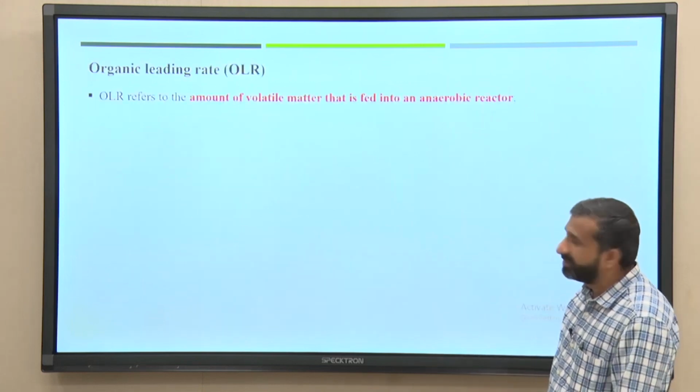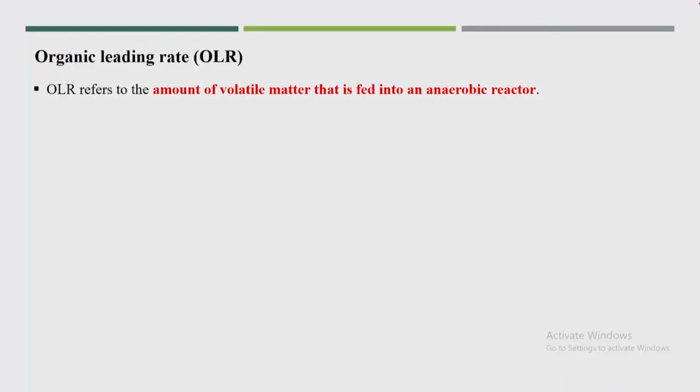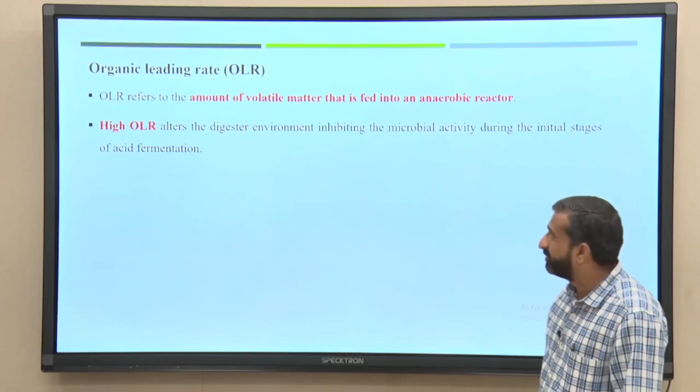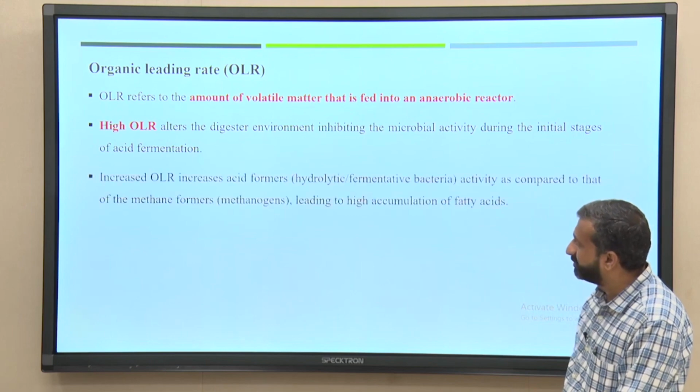Now, another factor is OLR, or organic loading rate. The organic loading rate refers to the amount of volatile matter that is fed into an anaerobic reactor. A high OLR alters the digester environment, inhibiting the microbial activity during the initial stage of acid fermentation. So, if you add more organic matter, meaning more carbon, that is also not beneficial for the degradation process.